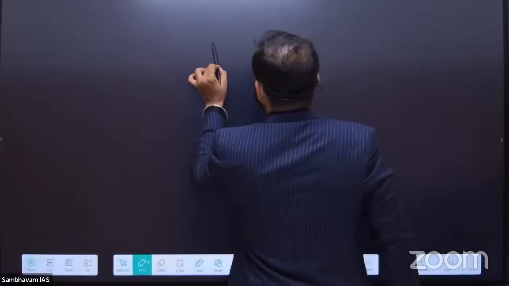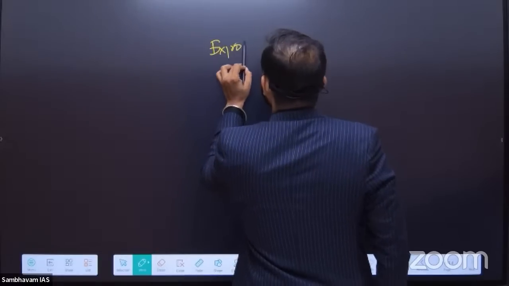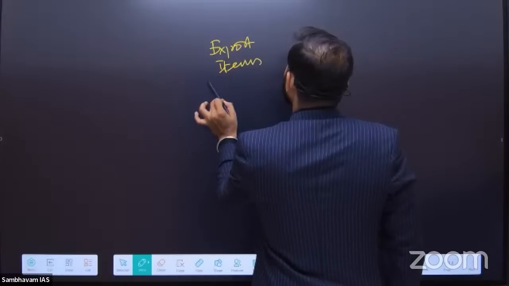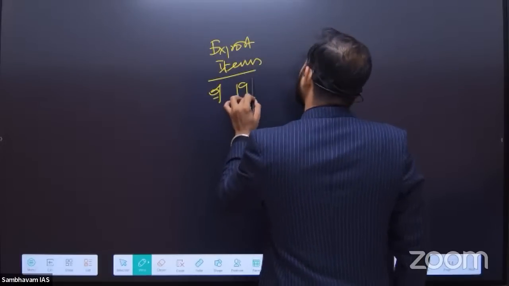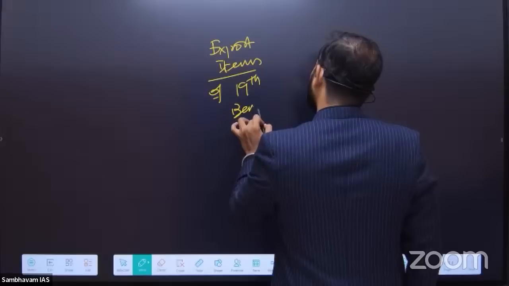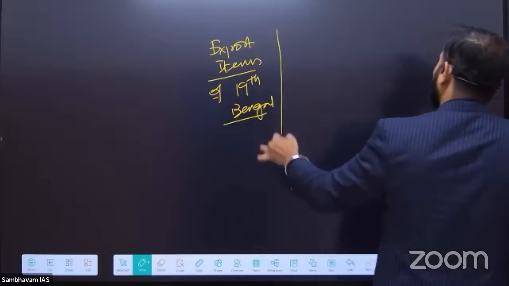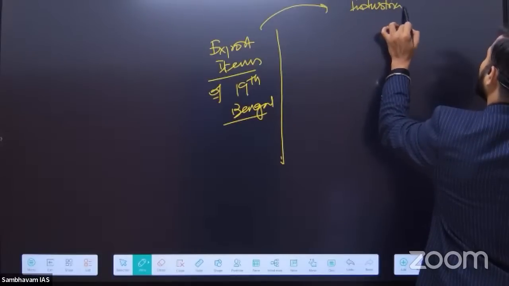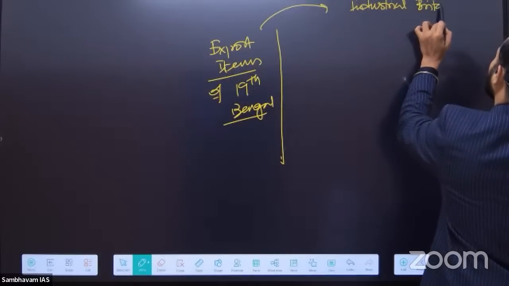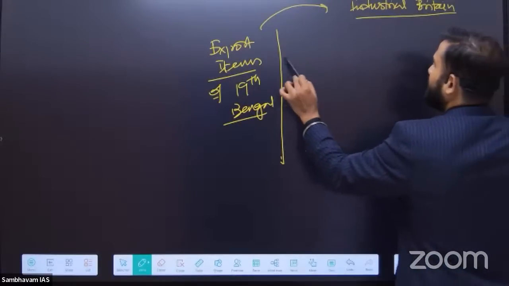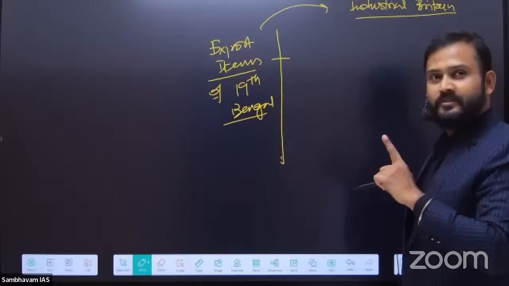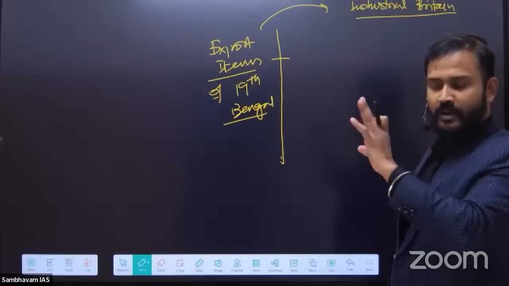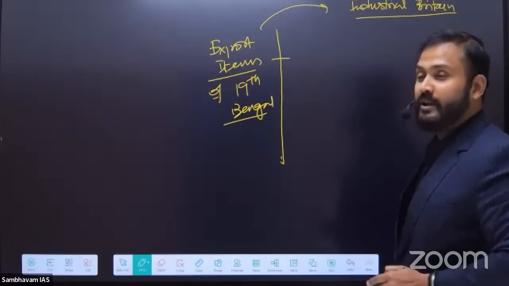Suppose I say the export items of 19th century Bengal, that means it is coinciding with the industrial Britain. What will the export items be? India will no longer be a supplier of finished goods. They will become a supplier of raw materials.